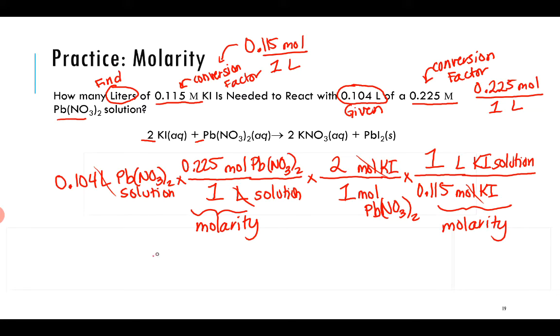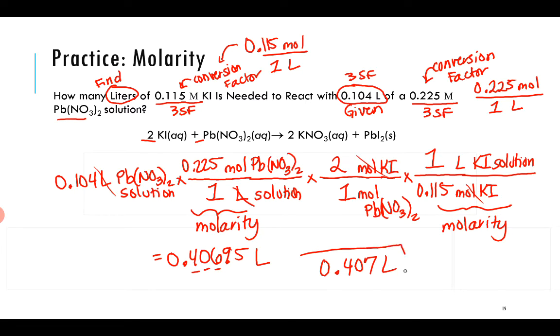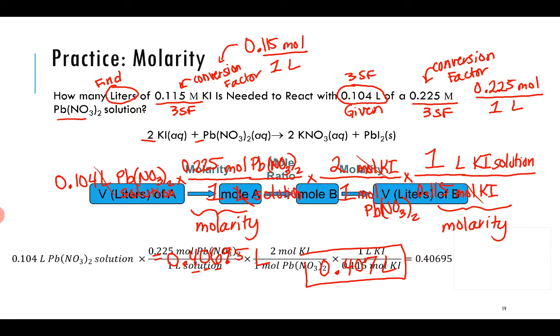And so this works out to 0.40695 liters. And then for sig figs, everything has 3 sig figs, so I need 1, 2, 3 sig figs. And so that's going to be 0.407 liters. Good.